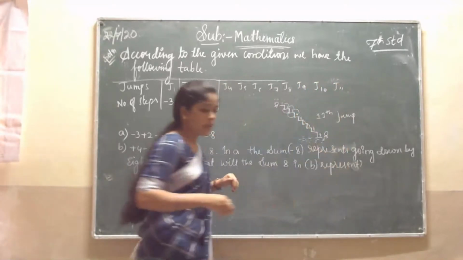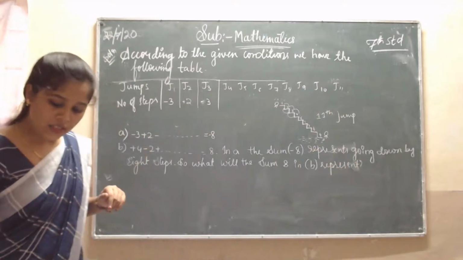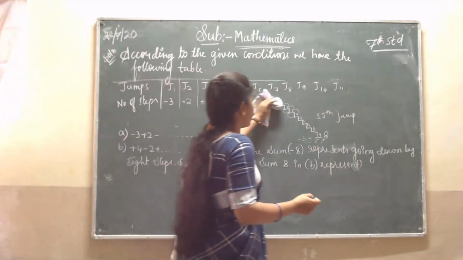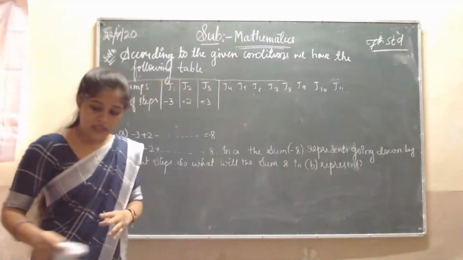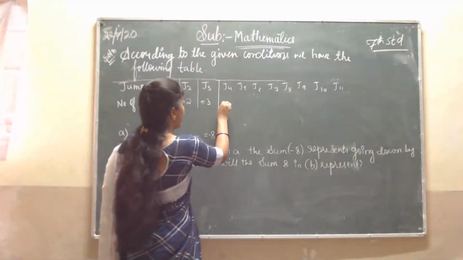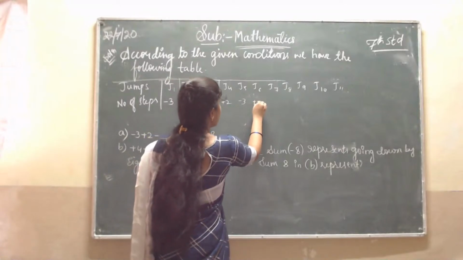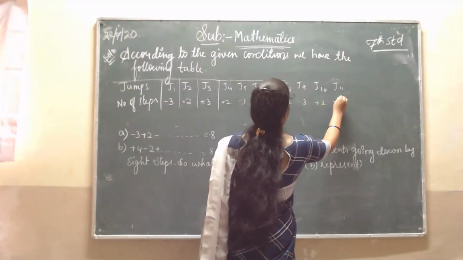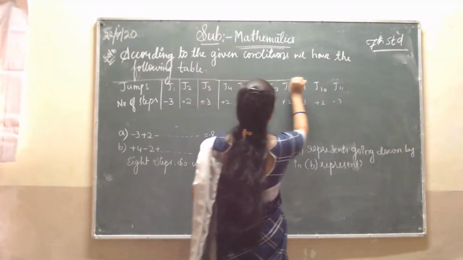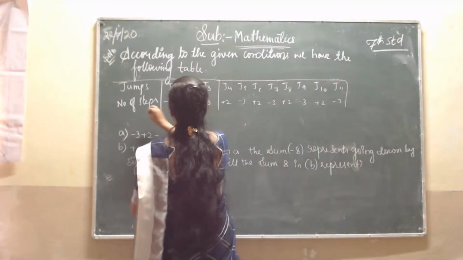At the 11th jump, the monkey is on the 9th step. So plus 2, minus 3, plus 2, minus 3, and so on. This is the table.